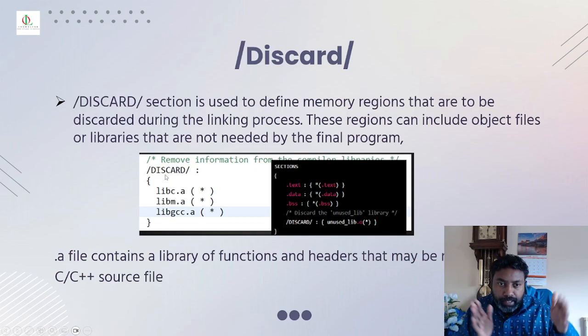I have to write backslash and DISCARD in capitals, and it has to end with the semicolon, and you need to give whether it's a library, what type of library, math library, library GCC, library C. And if you discard these files, the compiler knows that you don't need them to execute in the final program. So therefore, they just get erased or removed from the section. So that's where discard is used.